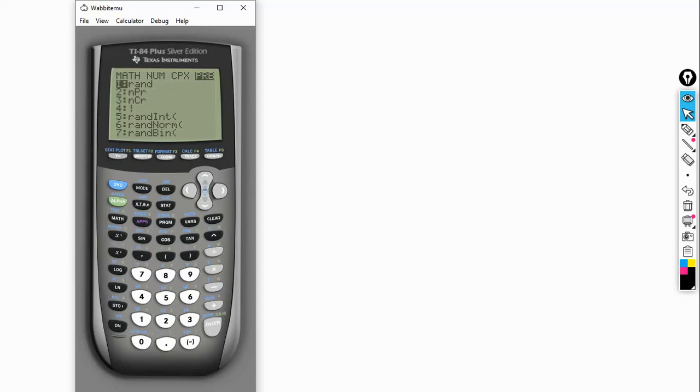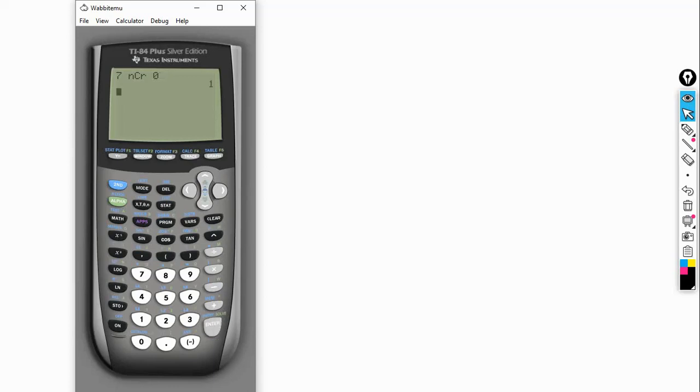But this is an older version of the calculator, so I have to do something first. Let's suppose I'm going to do 7 over 0. So I would write the 7, then go to Math, Probability, and hit Enter at number 3. Notice that it says 7 nCr, and then I type 0. Just hit Enter, and notice that it gives us 1.